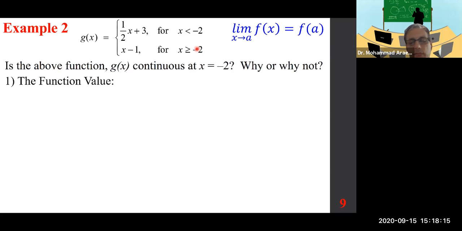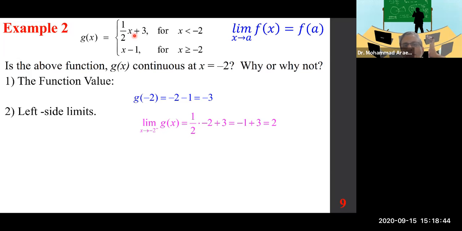evaluate those. The function value, g of -2, we go with the equality case, and we use this one, x minus 1, and we get -2. So this is the functional value. Let's look at the limit. To look at the limit, we look at the one-sided limits. Left-sided limit, when x is less than -2, we use this piece: 1/2 times x, we replace it with -2, plus 3, and we end up with 2.